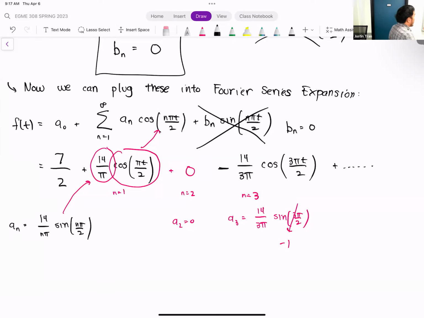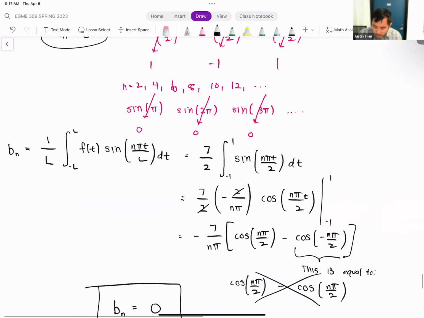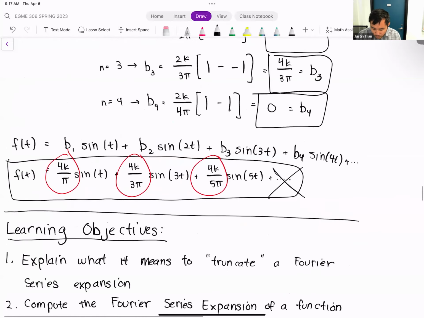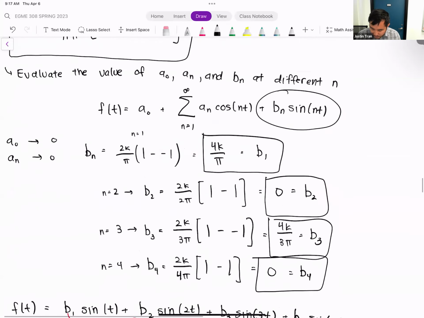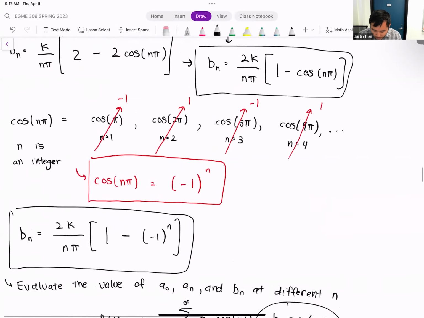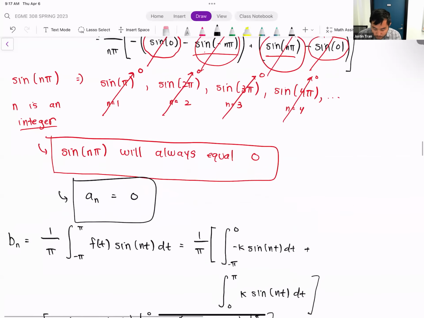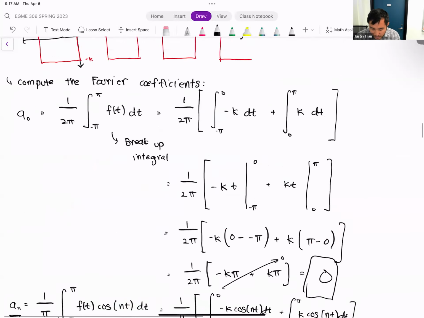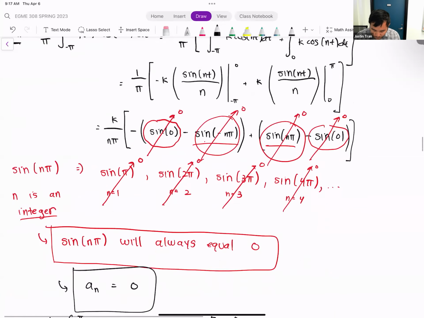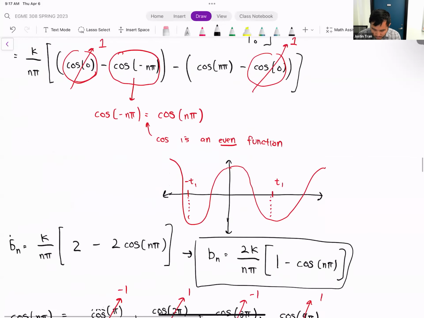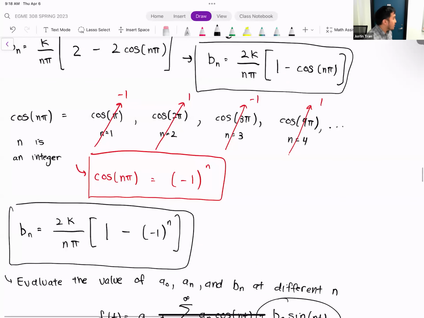Okay. All right. So we've done 2 examples so far. We did an example at the end of class on Tuesday, and we did an example right now on Thursday. I want you to notice something. If you go back in your notes and look at the example we did last Tuesday, we ended up with a situation where a0 was 0 and a_n was 0, but b_n was not 0.